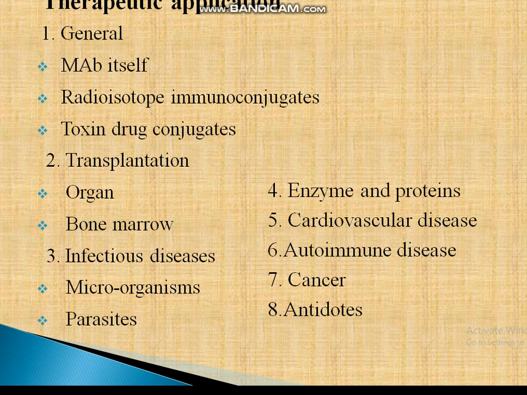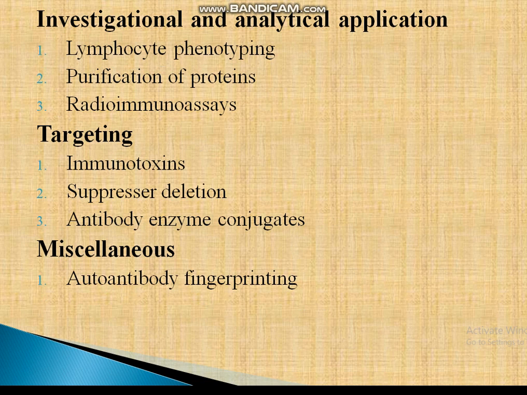It is also used as a therapeutic application, either in the transplantation of organs, bone marrow, enzyme proteins, cardiovascular diseases. It is also used in infectious diseases and in antidotes. Further, it is also applicable in investigational and analytical applications. Also, it is used in targeting, like suppressor detection, antigen antibody conjugates, and miscellaneous uses like auto and antibody fingerprinting.